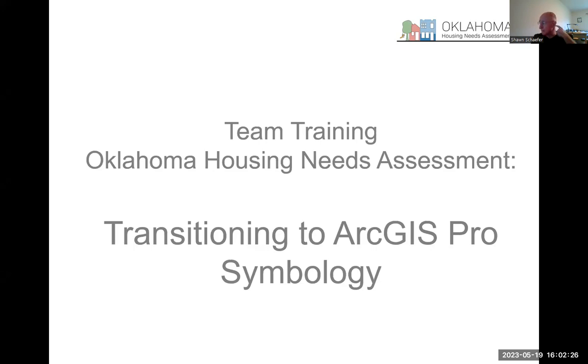This is the second video in a series on transitioning from ArcMap to ArcGIS Pro. In the last video, we were talking about some basic navigation and converting files from ArcMap into ArcGIS Pro. This time we're going to take it a little bit farther.